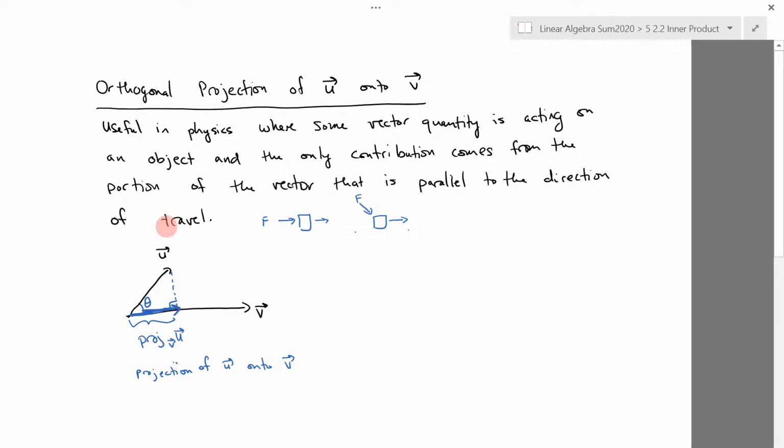Imagine you have the sun, and the sun casts a shadow of the vector u onto v. This shadow is called the vector projection.